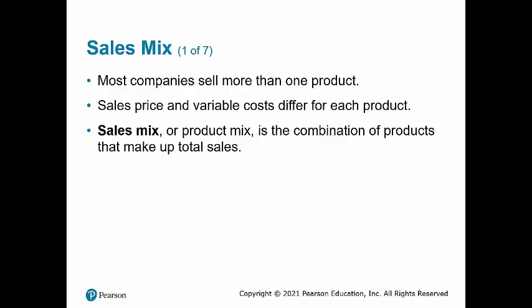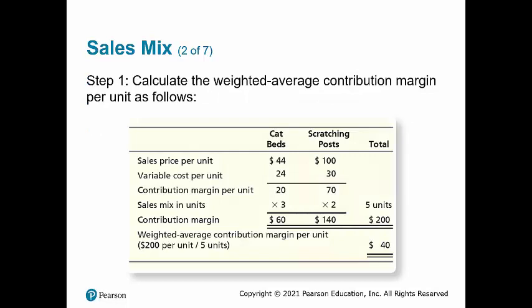The sales mix provides the weights that make up total product sales. So for this example, we are going to take a fictitious company, Cool Cat Furniture, and we're going to say that they sold 6,000 cat beds and 4,000 scratching posts during the last year.